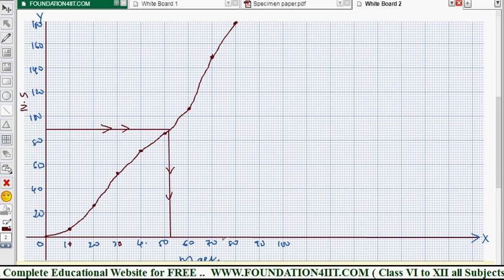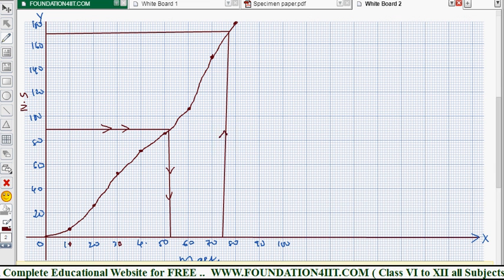Between 70 and 80 is 75. Take one straight line, and from there take it straight to the y-axis.